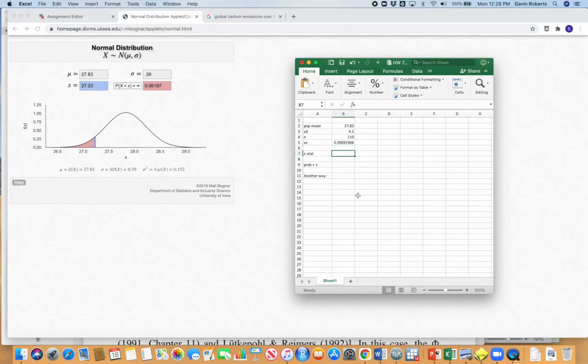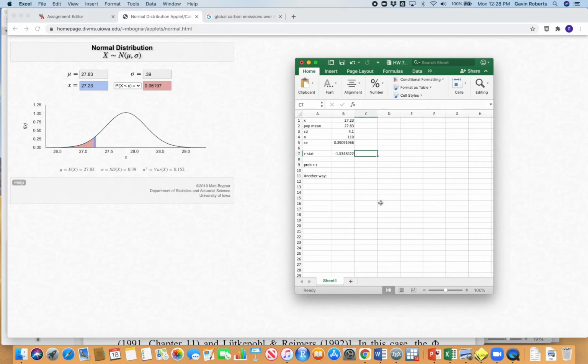Now for the z statistic we're going to calculate. Remember, our x value, maybe I should put up there, is 27.23, because we're looking 60 cents below the population mean. If I was going to write out the whole z-stat, I could write my particular value minus the population mean divided by the standard error.